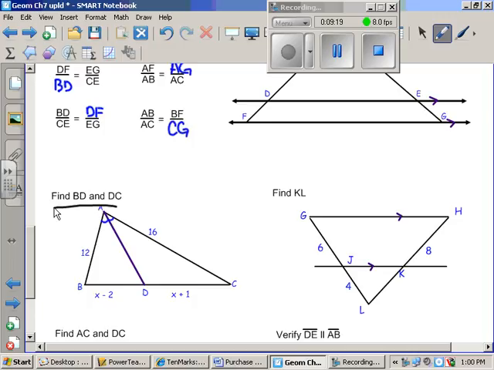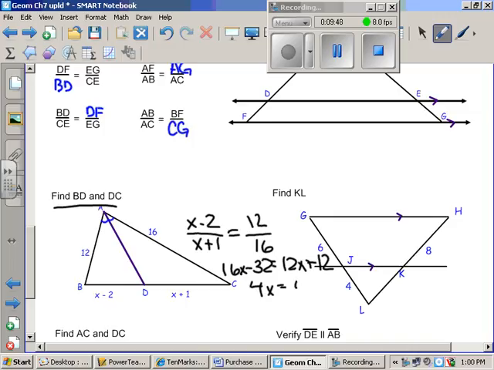So that means x minus 2 and x plus 1 will be in the same proportion as the other 2 sides, 12 and 16. All right, and then I cross multiply and I get 16x minus 32 equals 12x plus 12. I'm going to subtract 12x and add 32, so that gives me 4x equals 44, so x is 11.